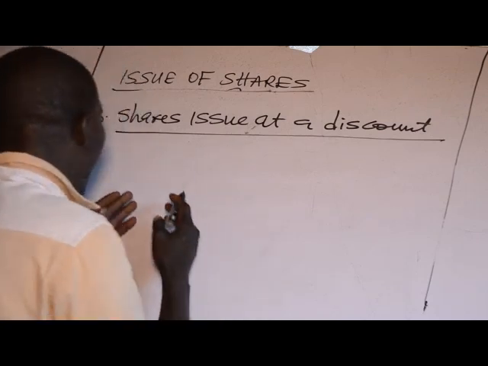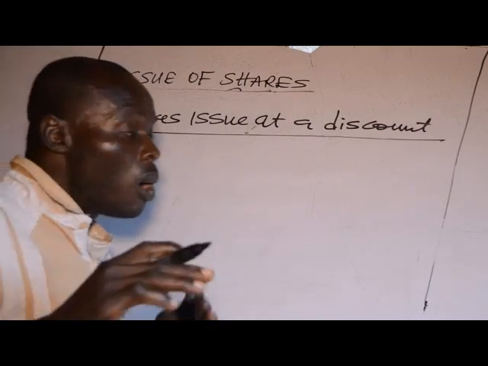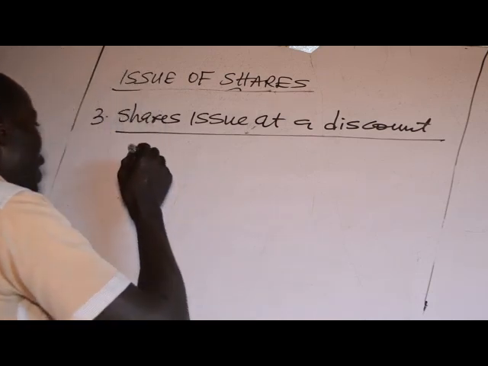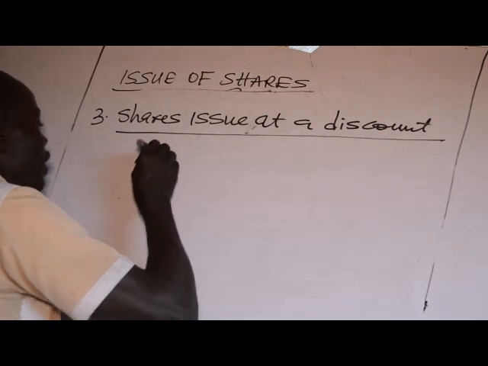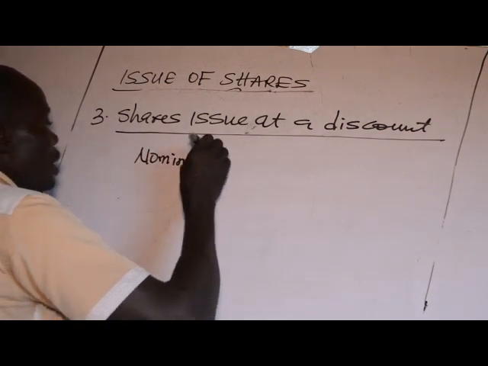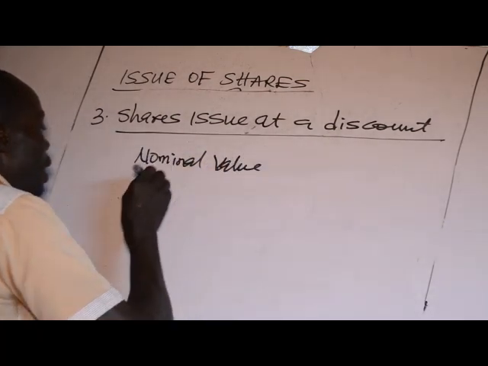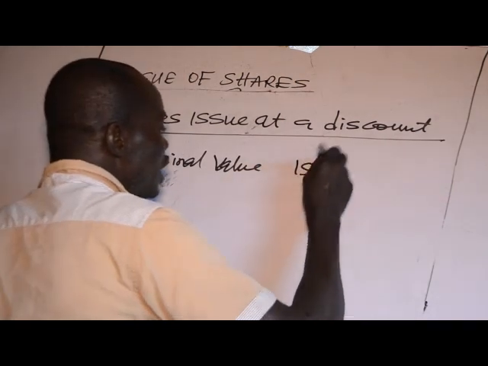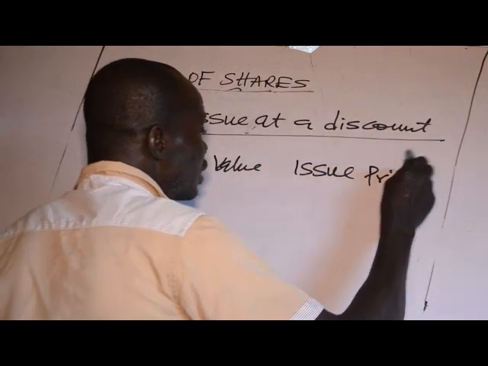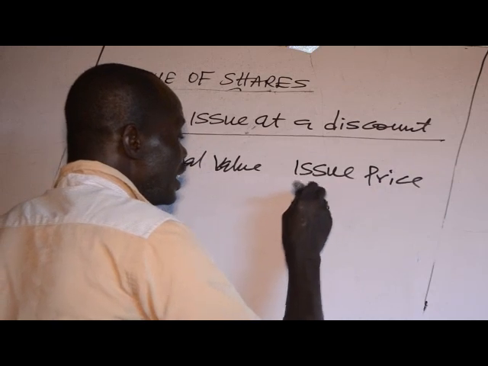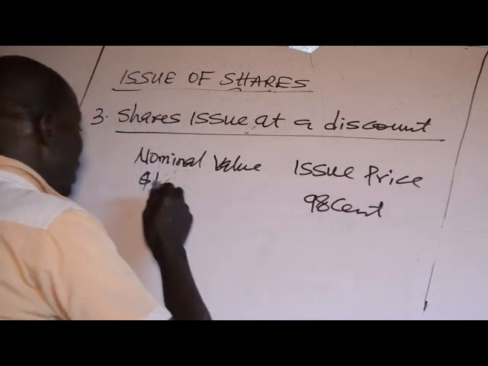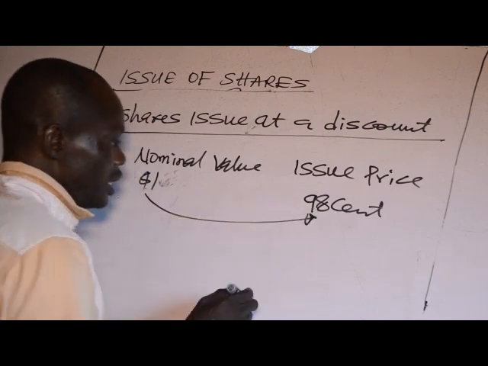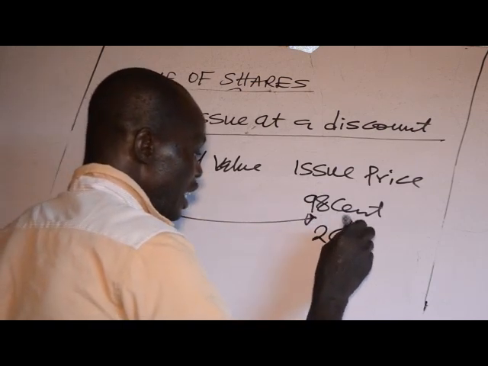Take for instance, if the nominal value of a share is $1 and the share is issued at 98 cents, the nominal value of $1 exceeds the 98 cents by 2 cents.